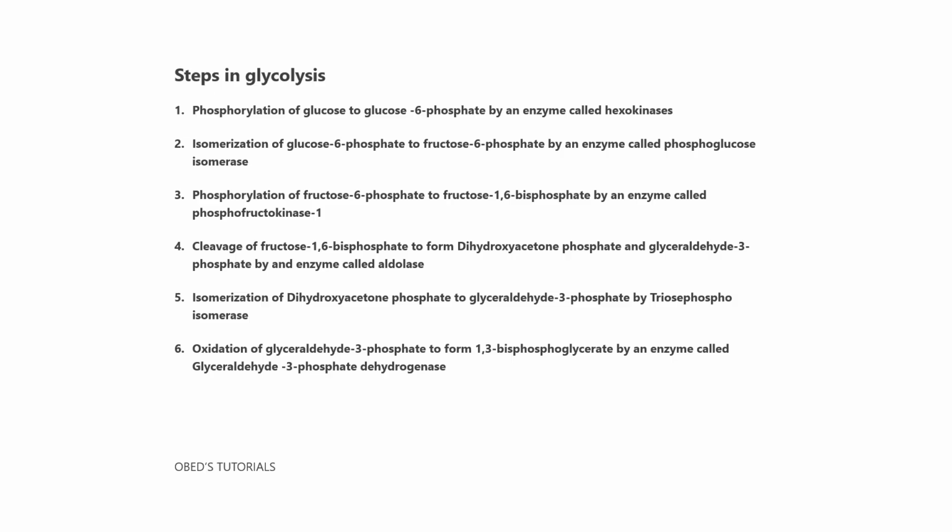So let's go to step 6. In step 6, we have the oxidation of glyceraldehyde 3-phosphate to form 1,3-bisphosphoglycerate by an enzyme called glyceraldehyde 3-phosphate dehydrogenase. For this step, we oxidize. This is when we introduce the reducing equivalent, which is NADH. We oxidize the glyceraldehyde 3-phosphate to form 1,3-bisphosphoglycerate.